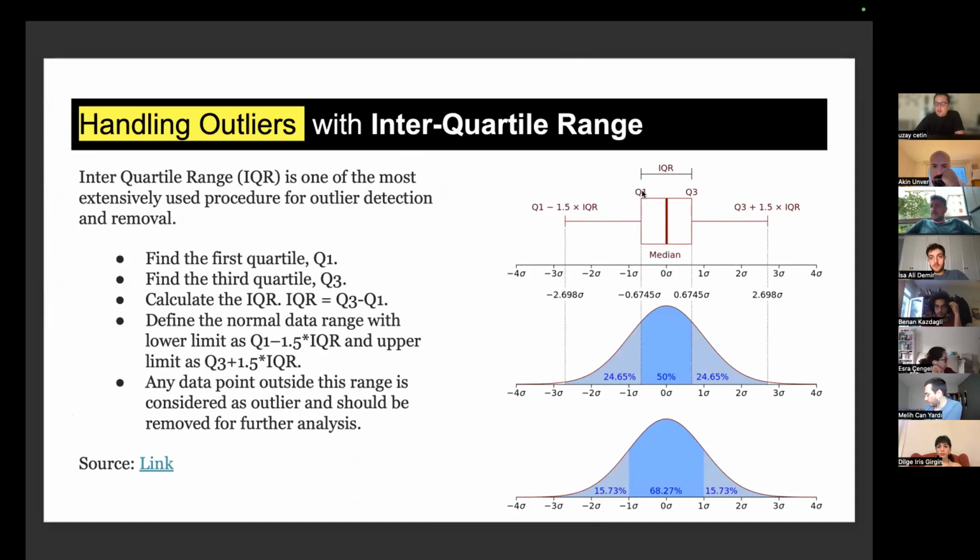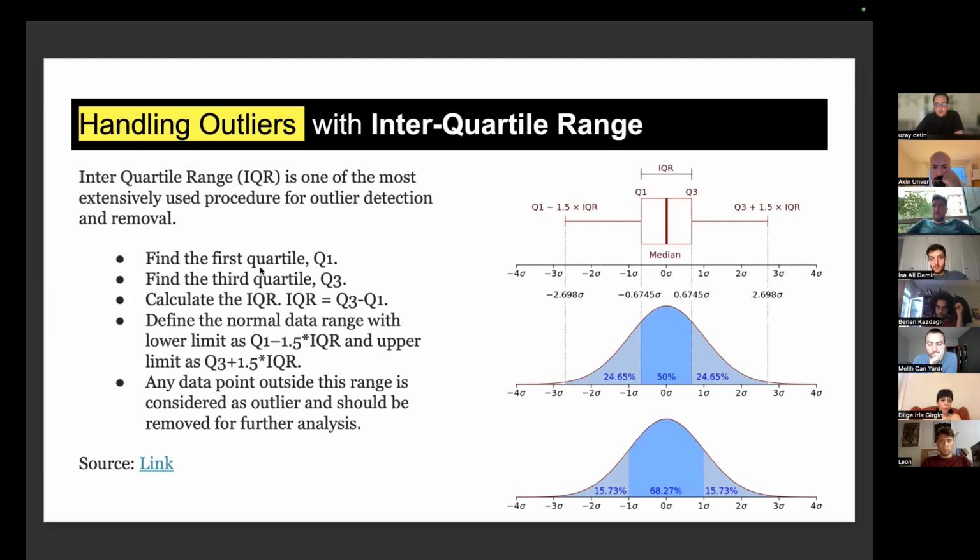This one, quartile 1, is the 25th percentile, and this is the 75th percentile, called quartile 3. The distance between them is called the interquartile range, and this is the distance that we are interested in.